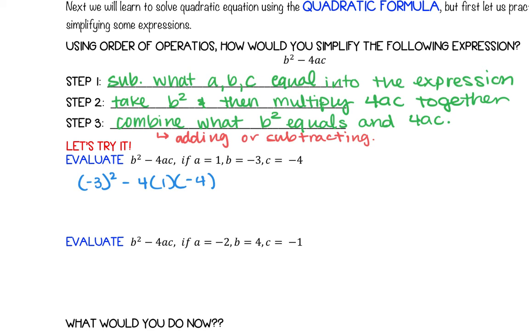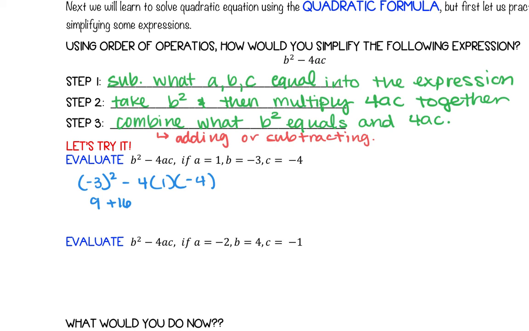All right, -3 squared is a positive 9, and then -4 times 1 is -4, and then -4 times -4 is a positive 16. So again, it's really important when you combine, make sure you know your signs.